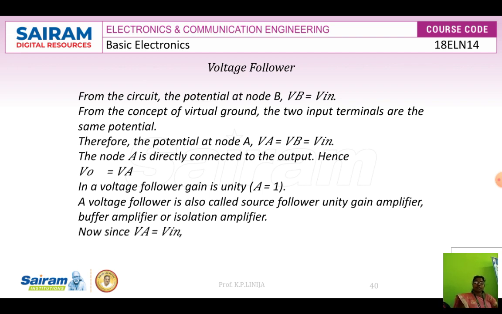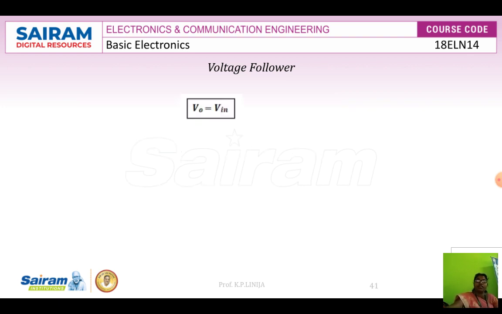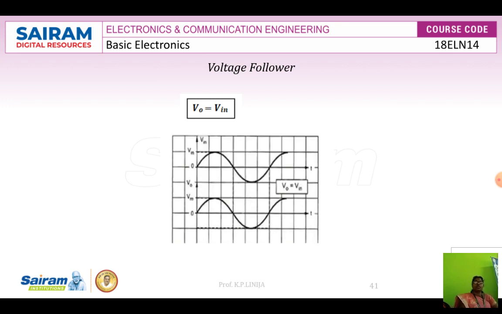Now we know that VA is equal to Vin. So according to this, we can write the voltage V naught is equal to Vin. That's what voltage follower means: the output voltage follows the input voltage. This is the graphical representation.